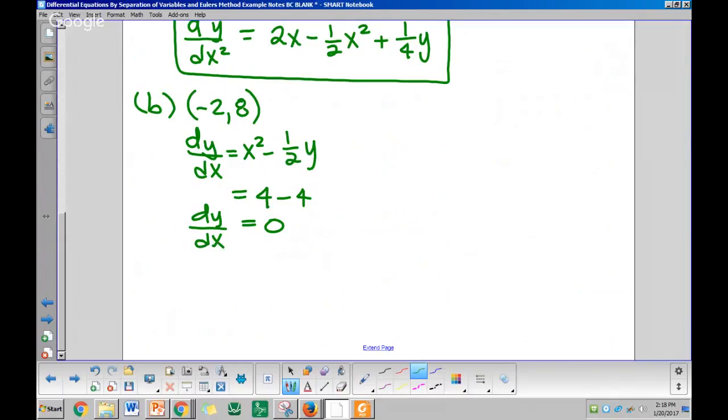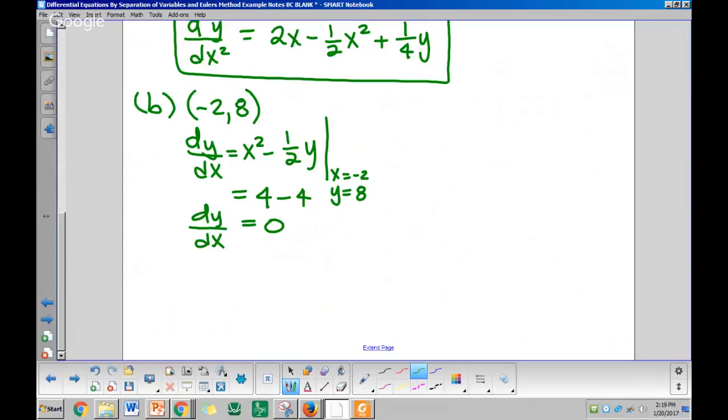Now I figure they made us solve for the second derivative to use the second derivative test here. What would the second derivative test tell us? The concavity, right?